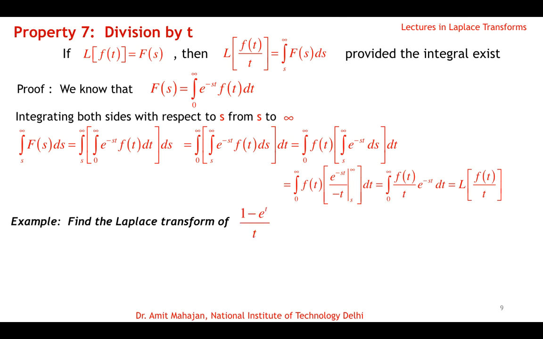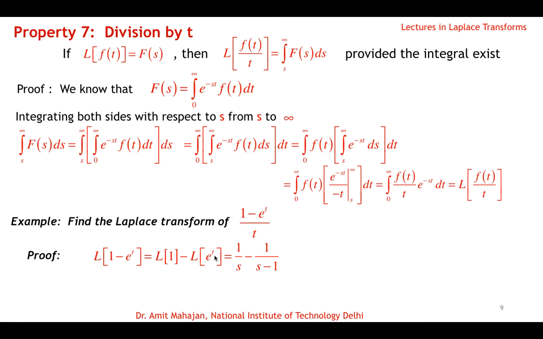Let's take one example on this: find the Laplace transform of the function (1 minus e^t) by t. There is a division by t here, so if you know the Laplace of 1 minus e^t, you can use this rule of division by t. We just need to use linearity: the Laplace of 1 minus e^t is the Laplace of 1 minus the Laplace of e^t.